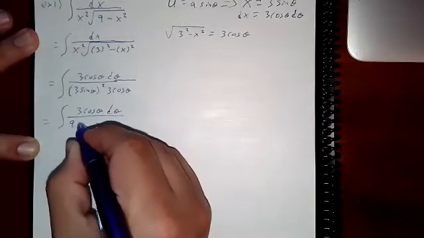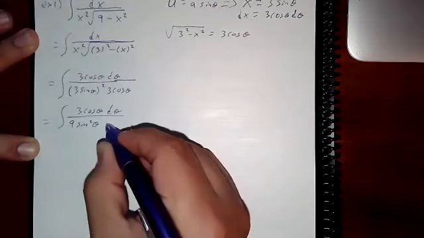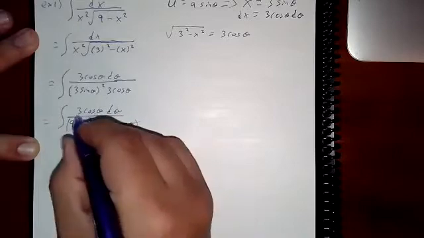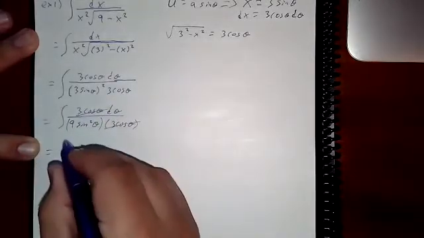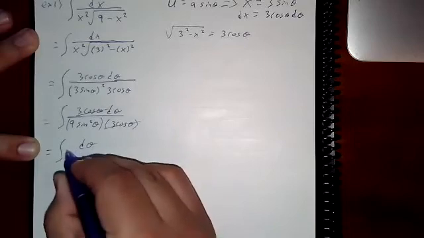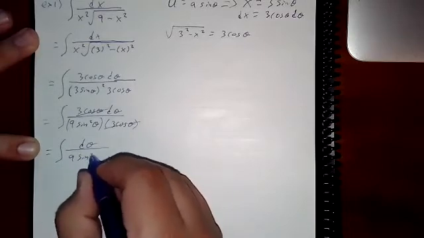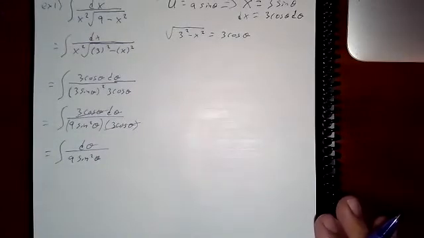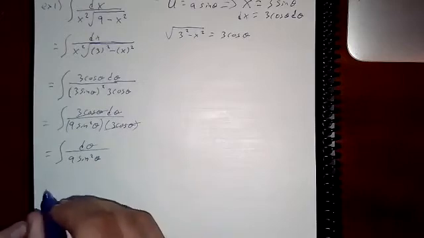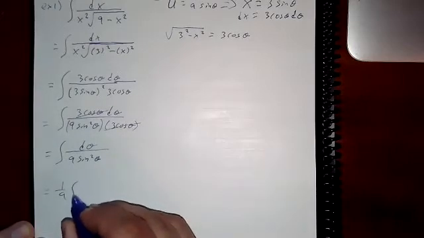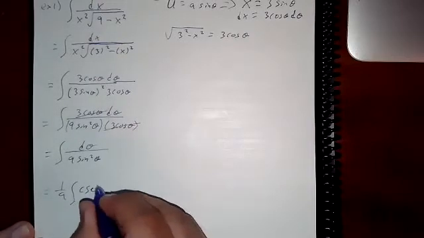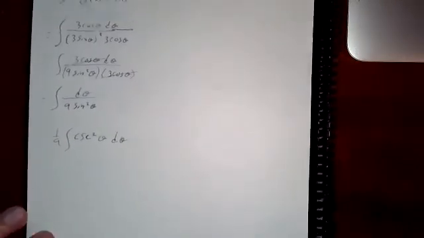It'll be 9 sine squared theta times 3 cosine theta. So these are gone. So now what is the integral? It's d theta over 9 sine squared theta. That is the same as pulling out the ninth outside here and changing it to cosecant squared theta d theta. What is the integral of cosecant squared?